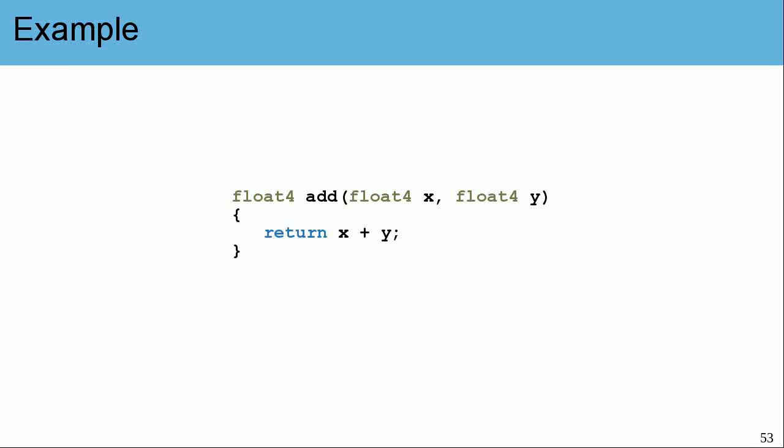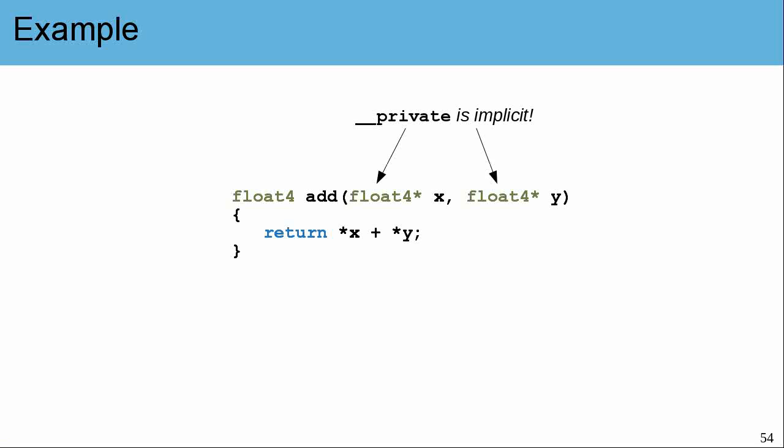So let's see an example of a function. We have a float4, we're going to add x and y, here it is. Perfectly valid. Now, we can change this to add some pointers. This is okay too. But I will note that there's something implicit here, and hopefully you remember it from the first set of few slides, is that the private memory space is implicit.